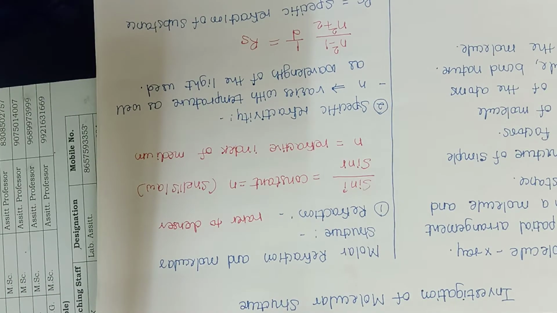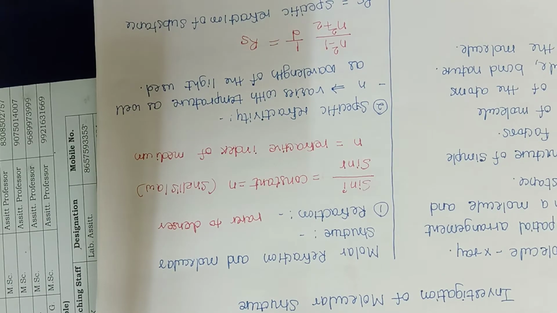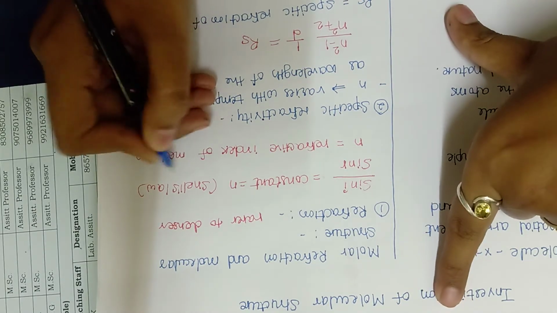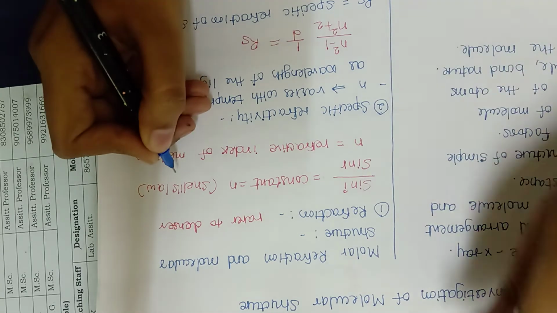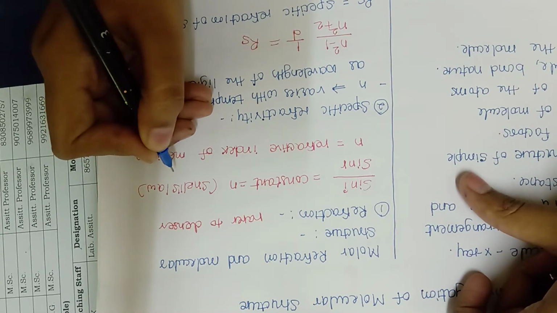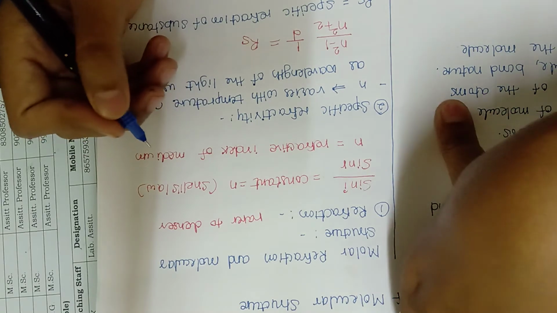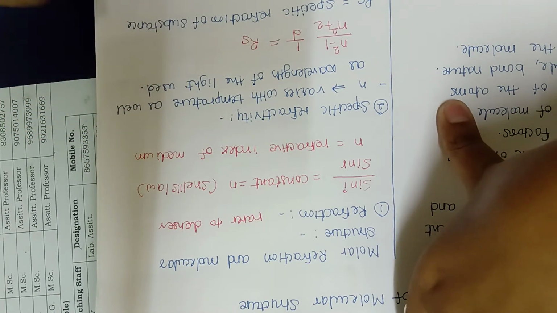We have already seen that when light passes from a rarer to a denser medium, sin I upon sin R is equal to a constant, and this constant is known as n, the refractive index of the medium. Rarer to denser medium means air to water, and this is the very popular law known as Snell's law. So this is the first method.